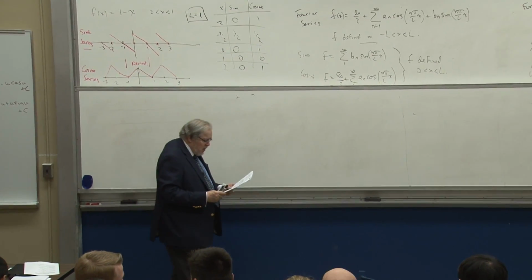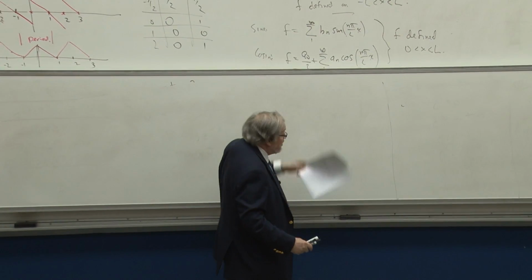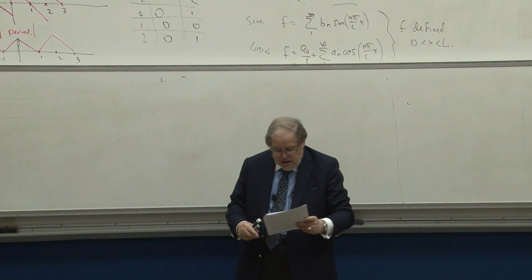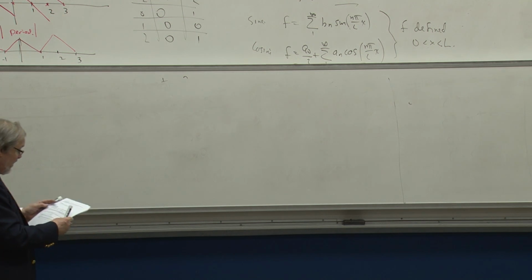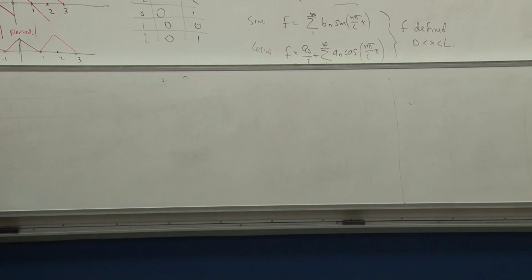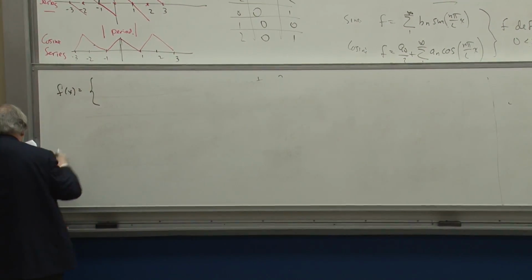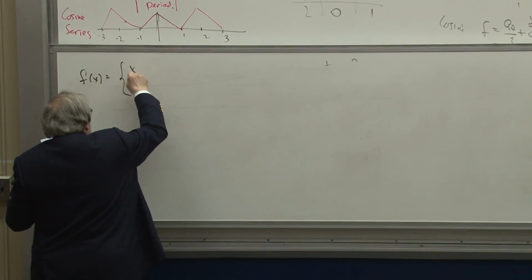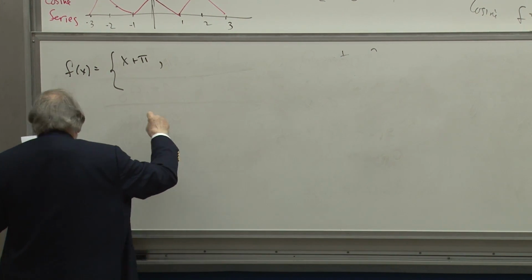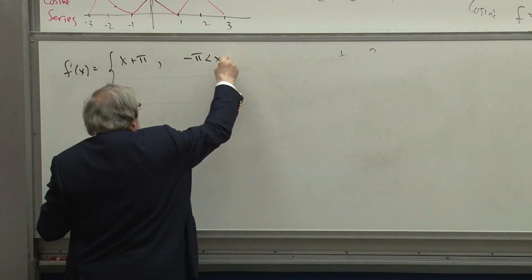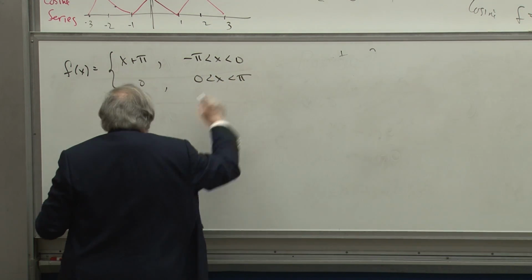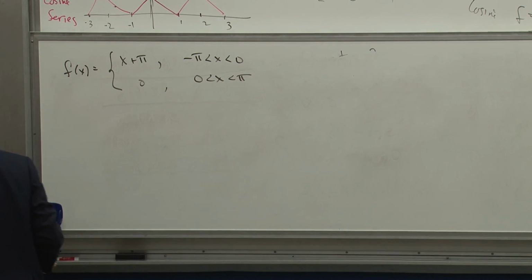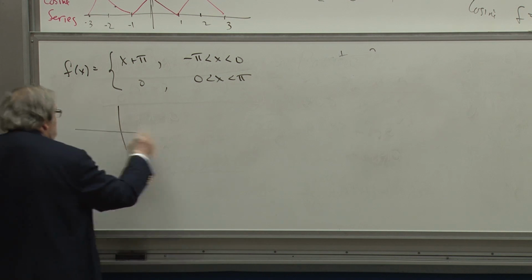So the other problem asks us to deal with the full Fourier series for a function given on the full interval from -pi to pi. So this function, x plus pi from -pi to 0, and 0 from 0 to pi.